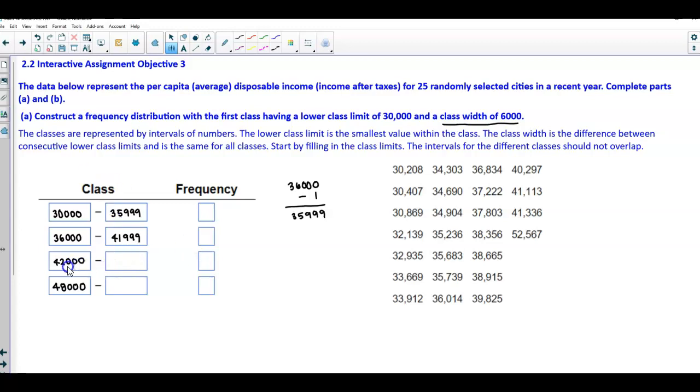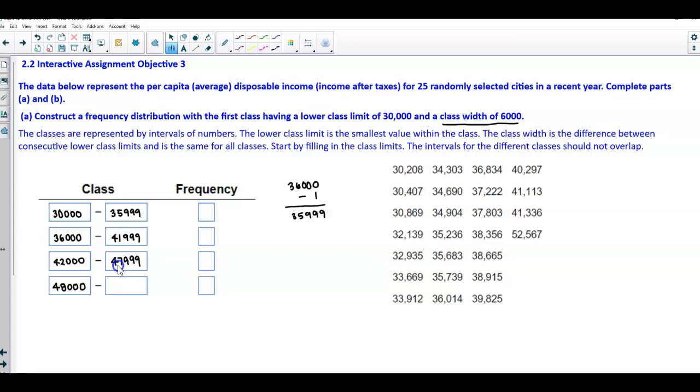The next upper class limit is going to be 48,000 minus 1, which is 47,999. Now remember, to get from 35,999 to the next value, we add 6,000, which gives us 41,999, and then 47,999.